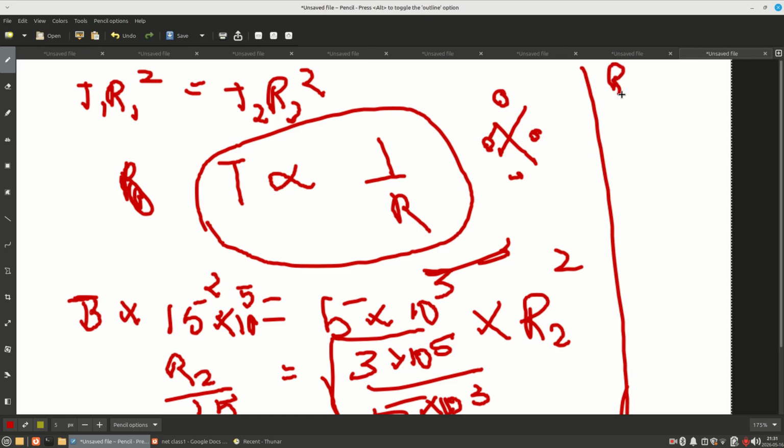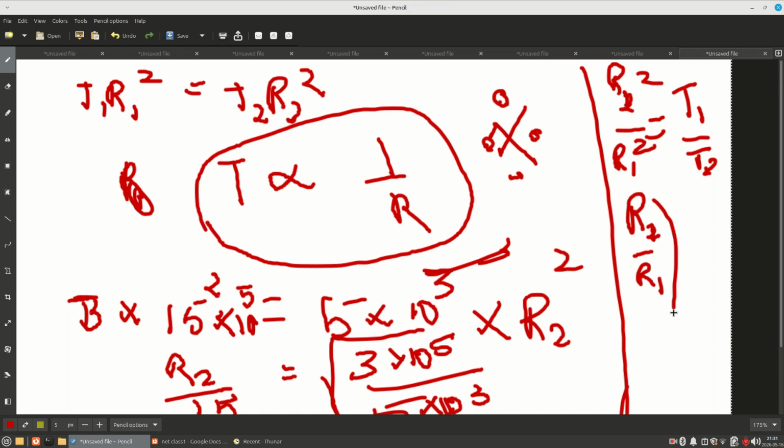We have R2 squared by R1 squared equals T1 by T2. When we cancel those squares, we take the square root on both sides, and we get R2 by R1 equals the square root of T1 by T2.